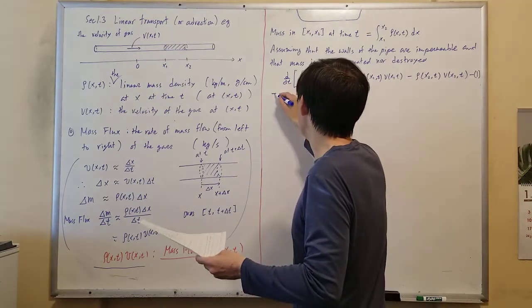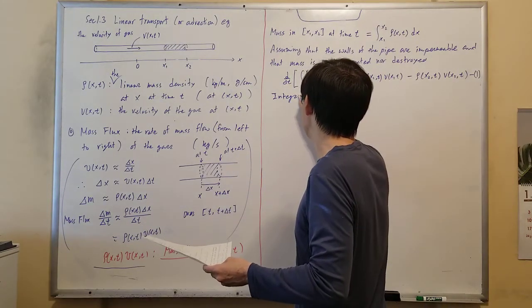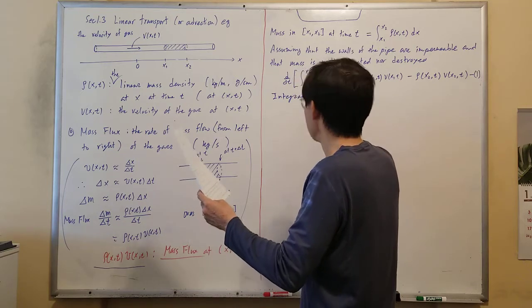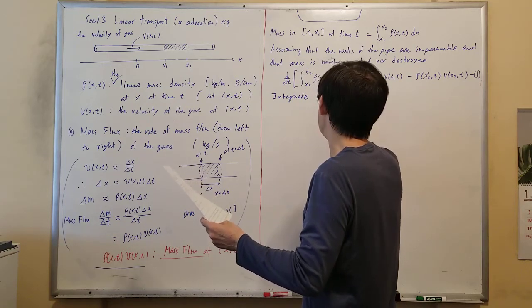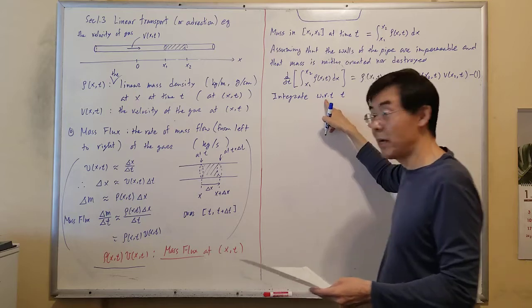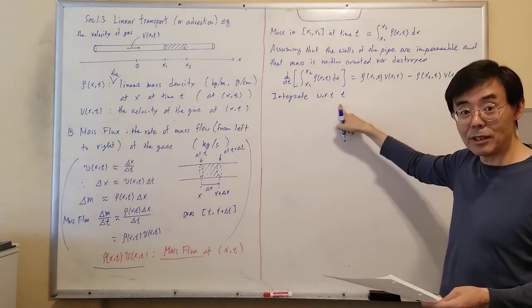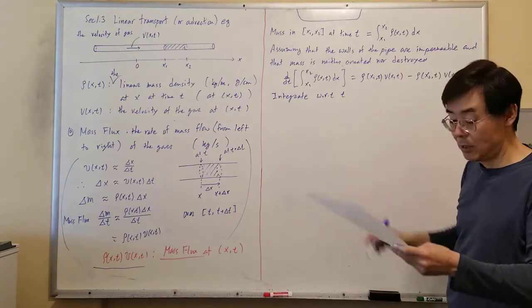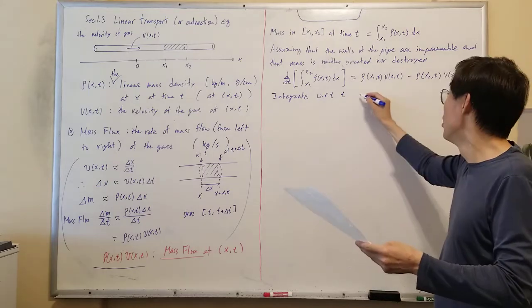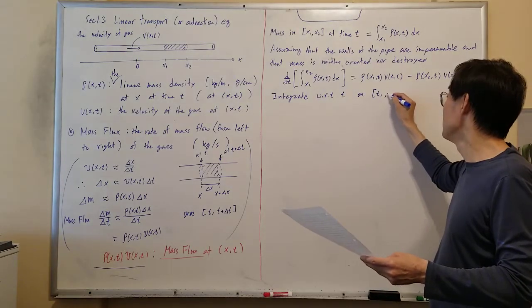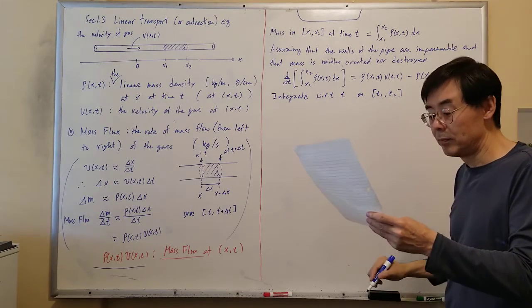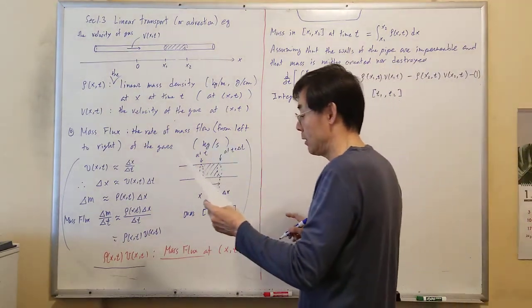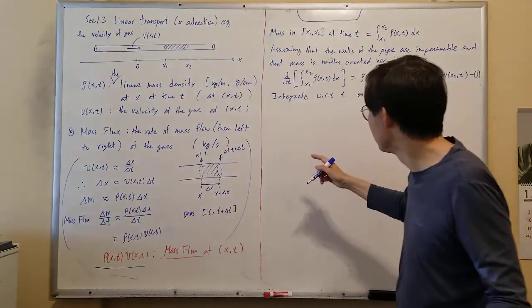So now we're going to integrate with respect to t (WRT stands for with respect to), over the time interval from t1 to t2. Think about it.